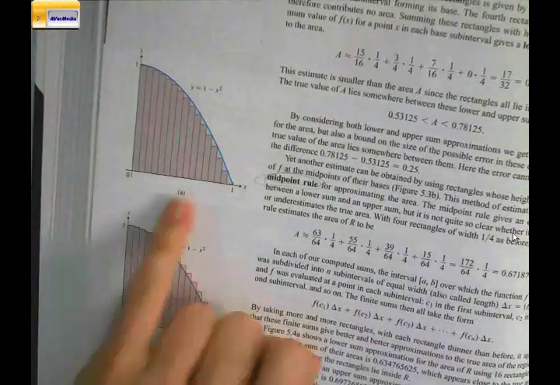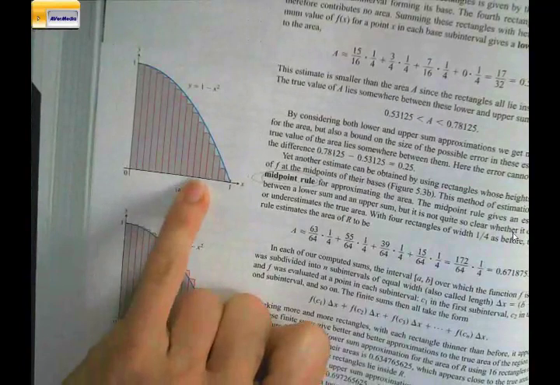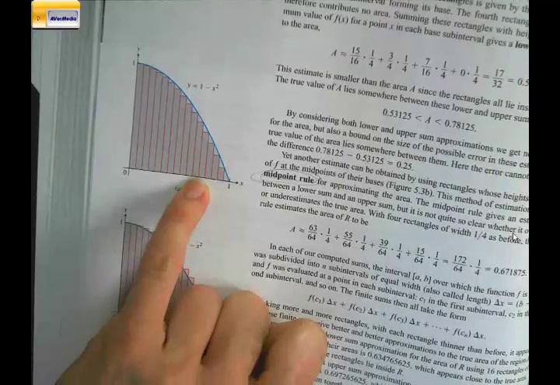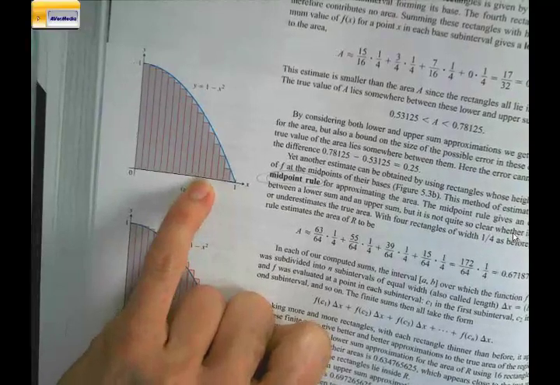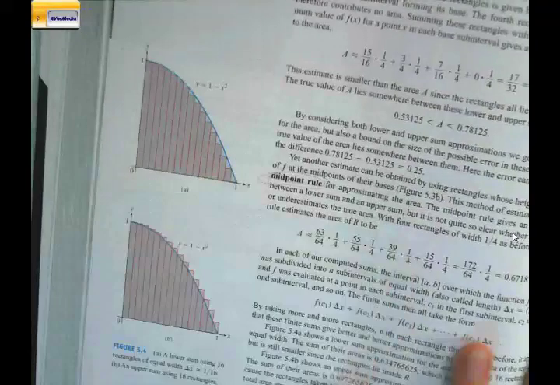So looking at one of these rectangles, is the height of each rectangle determined by the left endpoint or the right endpoint of the interval? That one's the left end. I disagree.